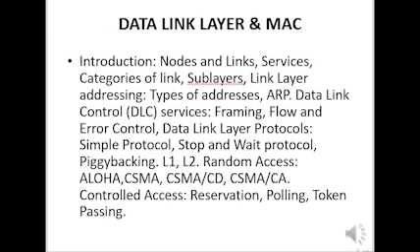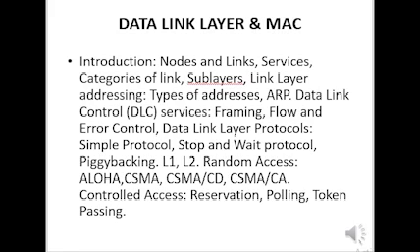Today we discuss the data link layer and MAC. In the data link layer and MAC address, we have several topics: introduction, nodes and links, services, categories of link, sublayers, link layer addressing, types of address, ARP, and data link layer controls. Services include framing, flow and error control.